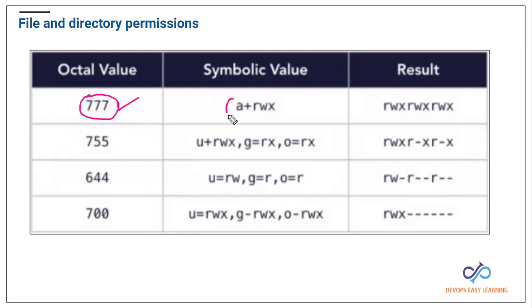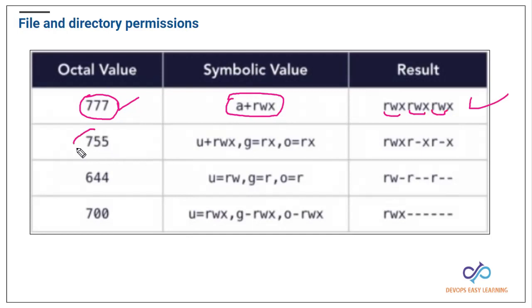But if you want to use a symbolic representation, you use the a, you say plus rwx, which means you want to give full permission to the user, the group, and others. And the result will be this. This belongs to a user, this belongs to a group, and this belongs to others.